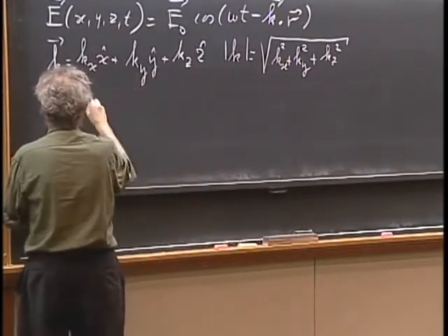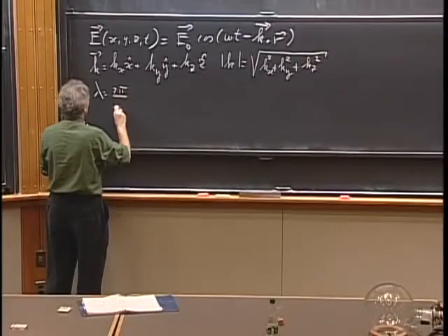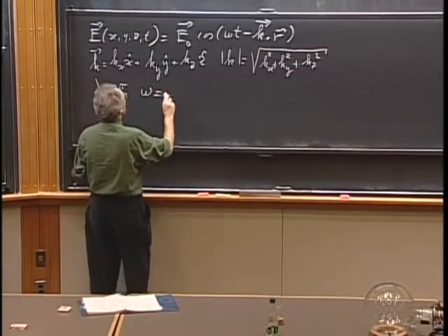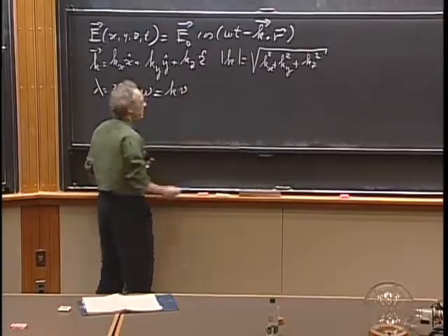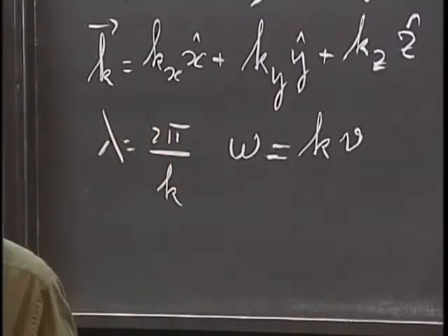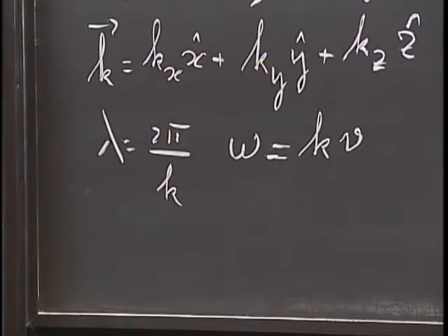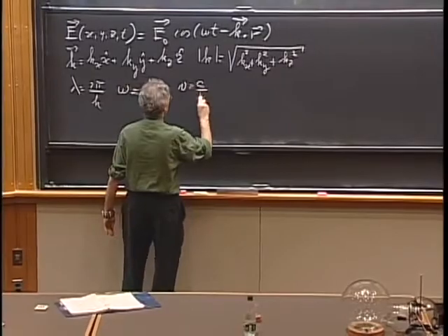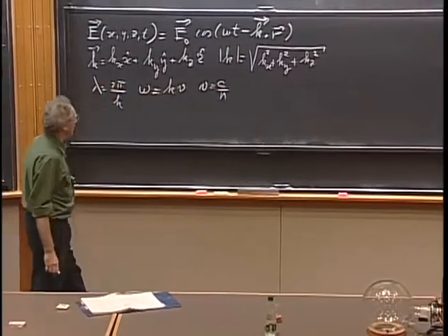Lambda is 2 pi divided by that k, and omega equals k times v. And if it is in vacuum, then v is the same as c, of course.